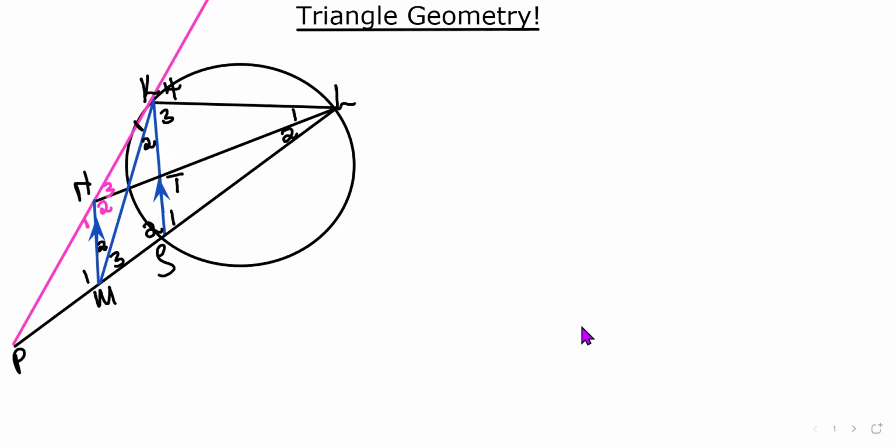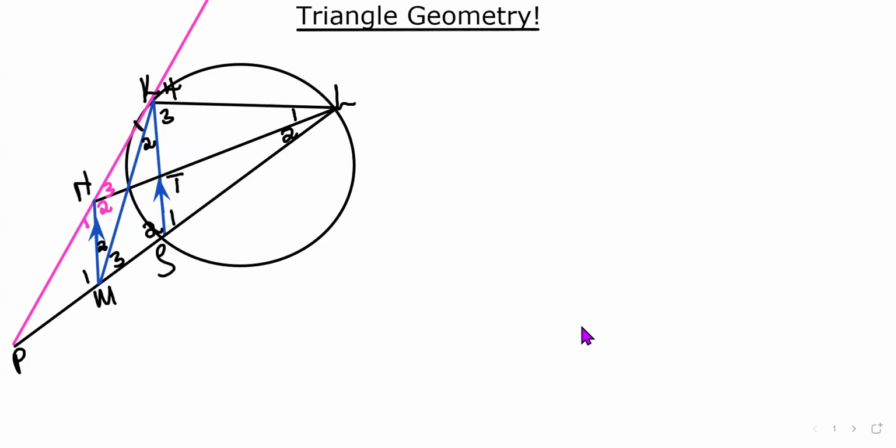Now, this is how the statement reads. They say, in this diagram, PK, the pink one, is a tangent to the circle at the point K. The chord LS is extended to the point P. N as well as M are points on the line PK and SP respectively, such that MN is parallel to SK.